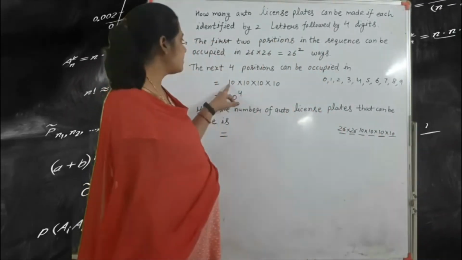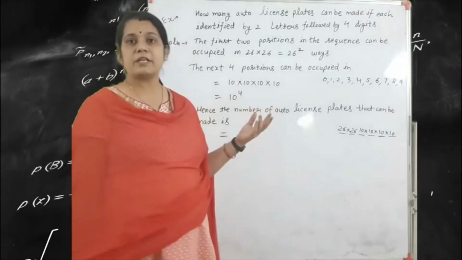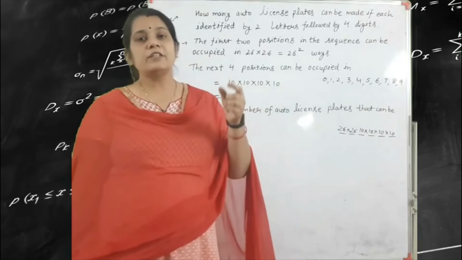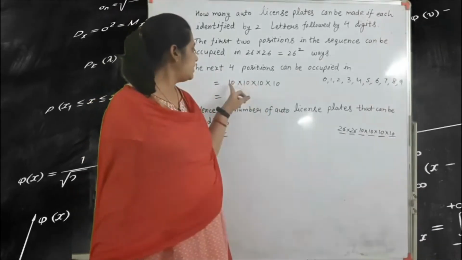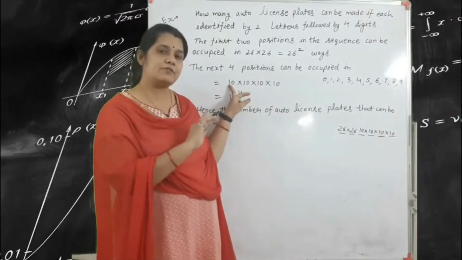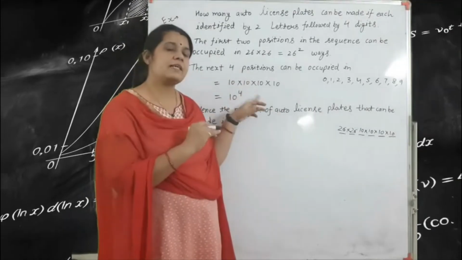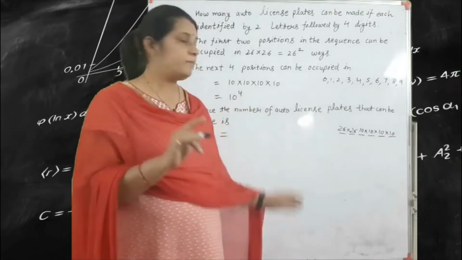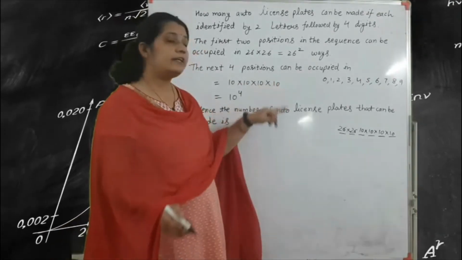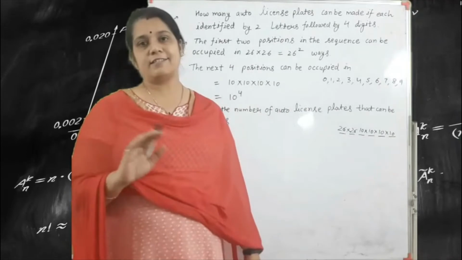Why do we write 10 into 10 into 10 into 10? Because we are not given any condition that digits are not repeated. In the first place we can write any digit from 0 to 9, and in the second, third and fourth places again 0 to 9.